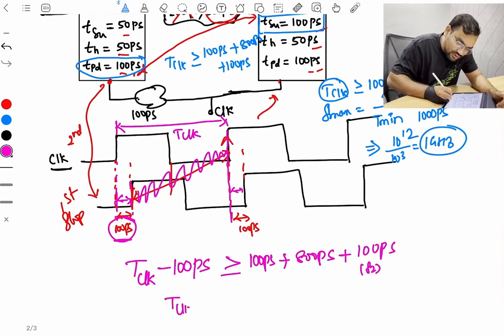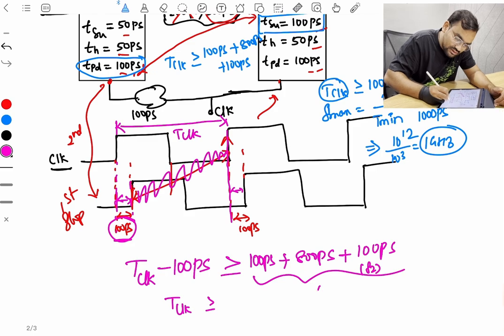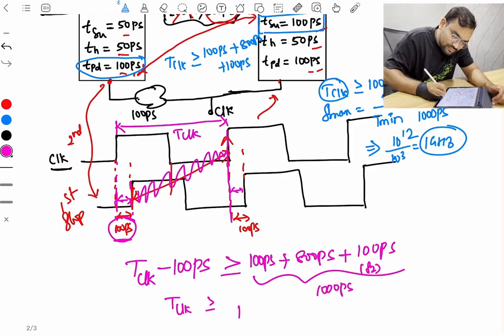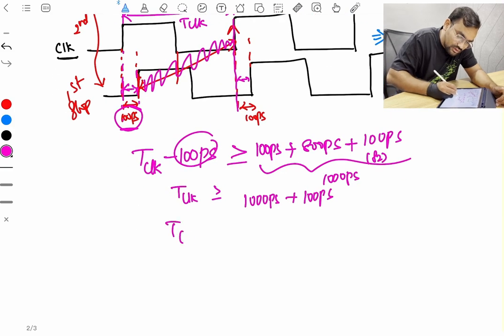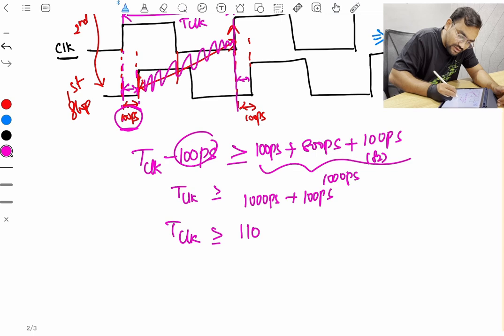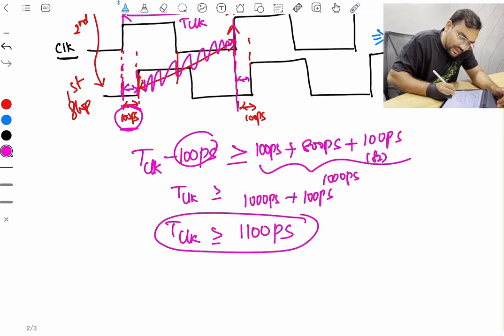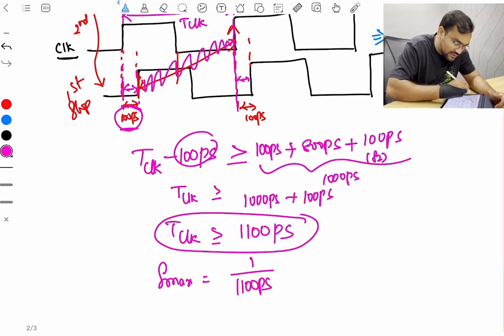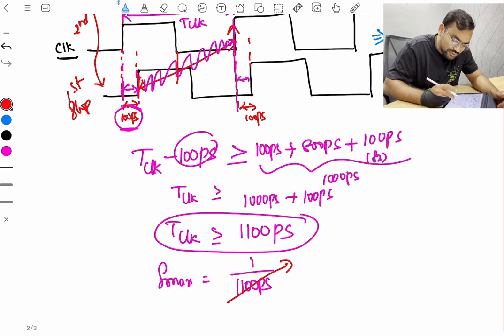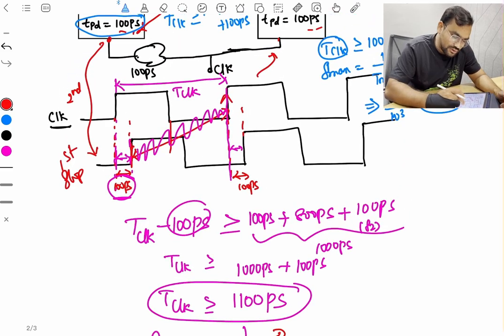So T clock should be greater than or equal to 1000 picoseconds, plus this 100 will go that side. So your T clock now should be greater than or equal to 1100 picoseconds. And from here you can get the Fmax by 1 by 1100 picoseconds. I don't want to do this calculation. You guys are well aware how to do it.